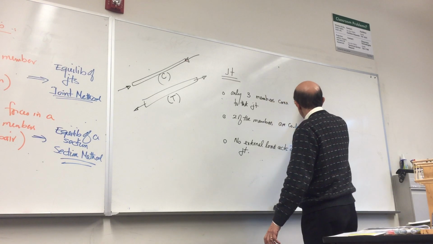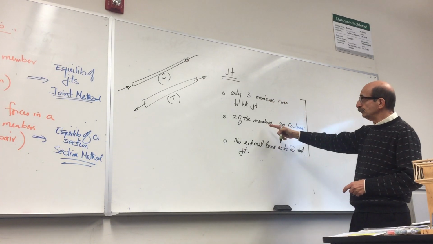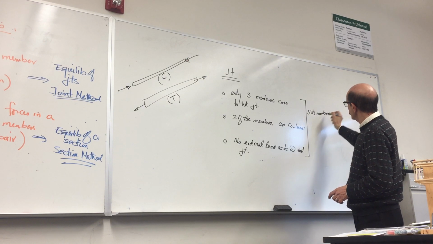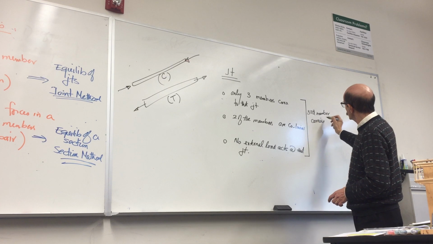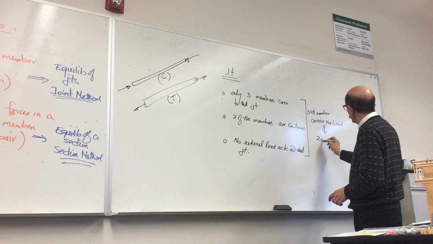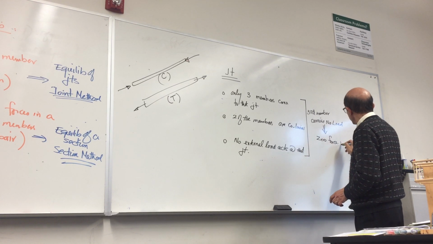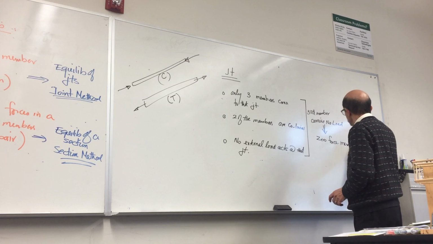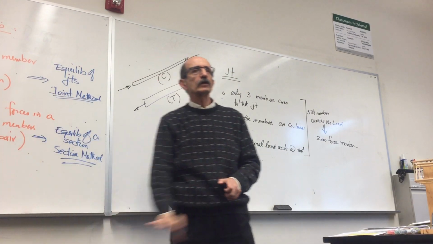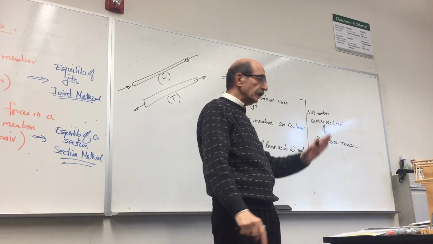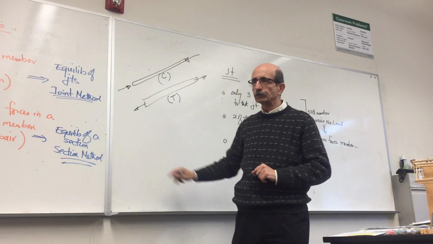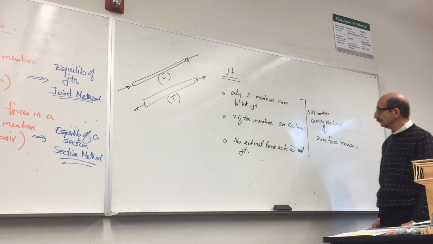If that is the case, these two members are collinear, the third member carries no load, and we call that a zero force member. In analyzing a truss, whether you're trying to use method of joints or sections, that's the first thing you need to identify. I would put that as the first step in solving a truss problem.